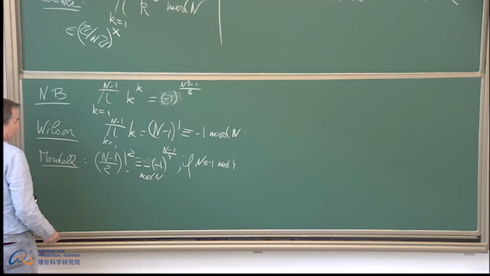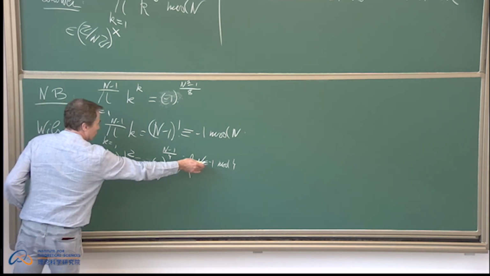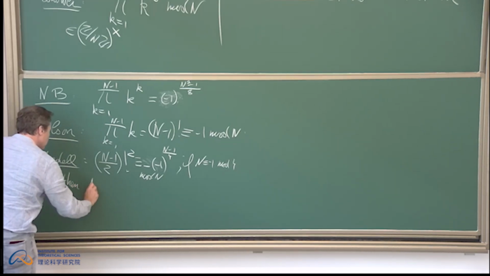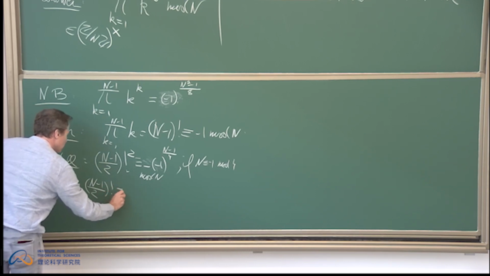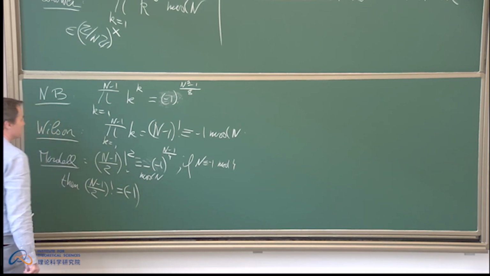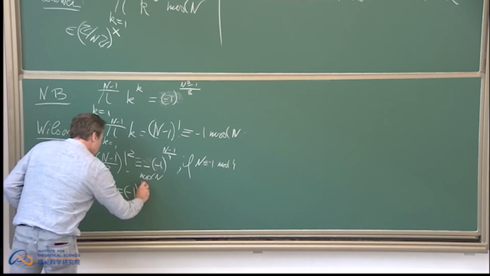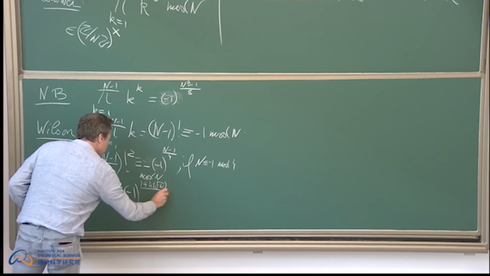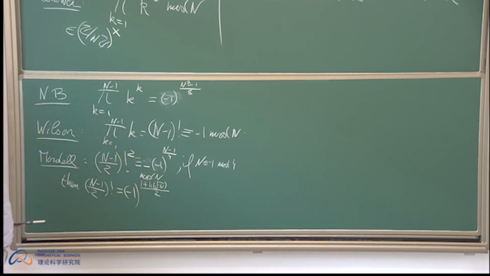And if n is congruent to, yes, in that case, it's plus or minus 1. Then it's minus 1 to the power of, let's see, (1 plus h of square root of minus 10) over 2.